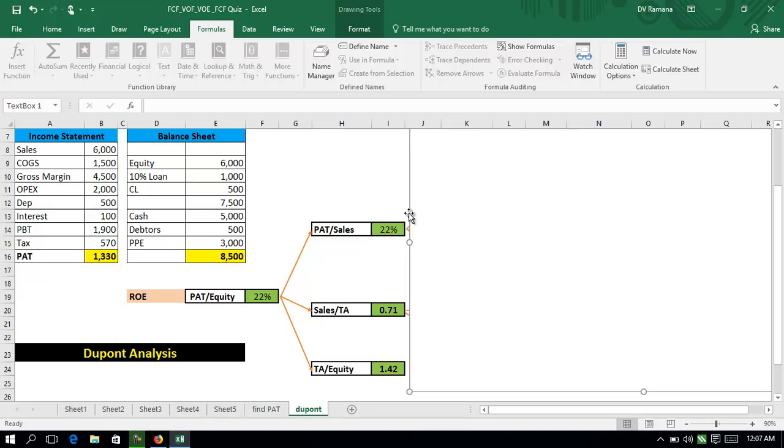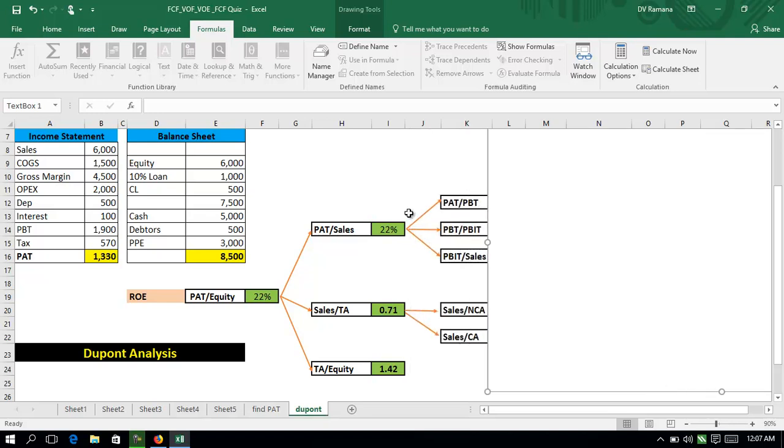For example, the PAT by sales can be further drilled down into the tax burden, which is PAT by PBT, the interest burden, which is PBT by PBIT, and the operating expenses burden, which is PBIT by sales.